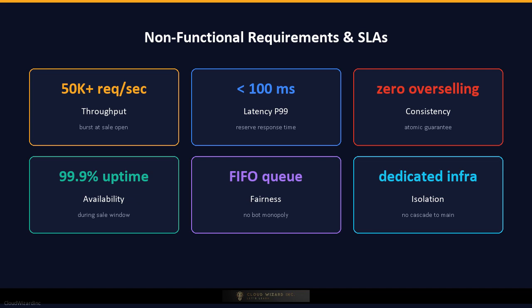Availability must be extremely high since a flash sale outage is a public relations disaster. The target is 99.9% uptime during the event. Fairness requires that no single user, bot, or region can monopolize inventory through parallel requests. The system must also be isolated from the rest of the platform. A flash sale traffic spike must not degrade the main catalog, checkout, or user authentication services. And it must be observable. Every reservation, payment attempt, and inventory change must be logged for audit and reconciliation.